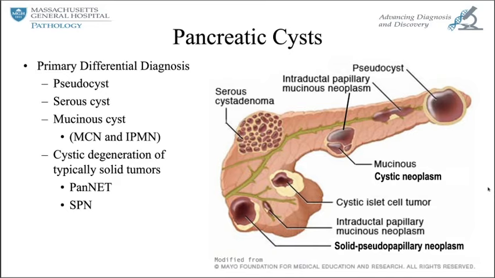So let's start with what pancreatic cysts we're going to be addressing. This is the primary differential diagnosis. There are other cysts in the pancreas, but by and large, these are the ones you're going to be dealing with. There's the non-neoplastic pseudocyst, the benign neoplastic serous cyst, the pre-malignant mucinous cysts that have malignant potential, the mucinous cystic neoplasm and intraductal papillary mucinous neoplasm.